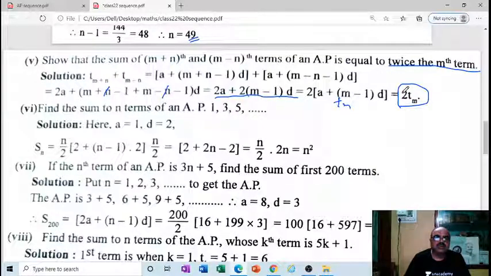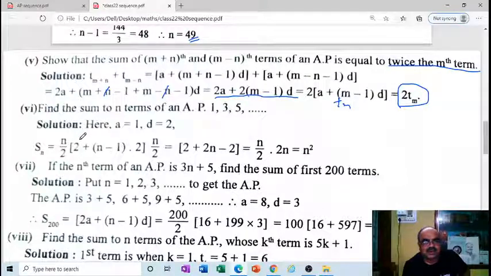Sn is equal to n by 2 into 2 plus n minus 1 into 2. n is not known to us, friends. We have to be careful here. n is not known. a and d are known to us. And Sn formula is n by 2 into 2a plus n minus 1 into d.